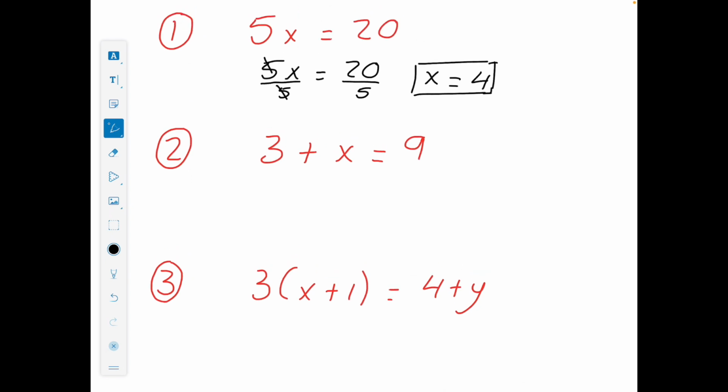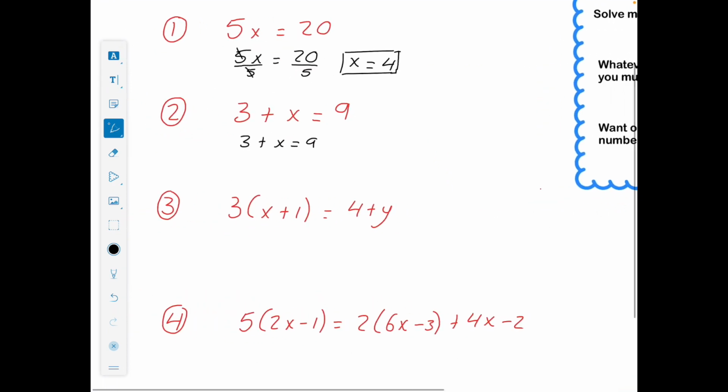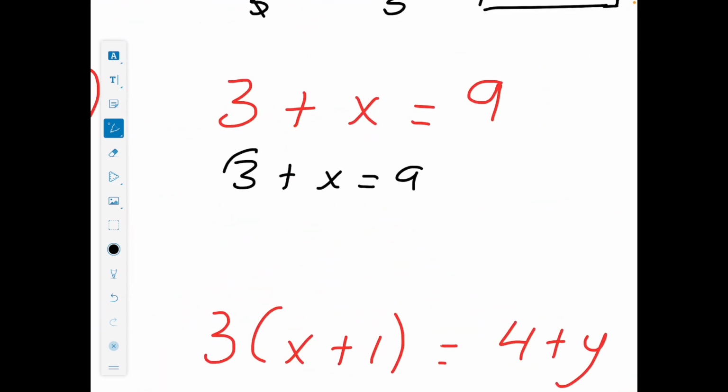Then the next one, we have 3 plus x is equal to 9. Again, we're going to think of this logically. 3 plus what is equal to 9? 3 plus 6 is equal to 9, so x is 6 here. But again, it won't always be that obvious, so we're going to write it out how we would if it was a more complicated question. We have 3 plus x is equal to 9. We said we want our x at one side of the equals and the numbers at the other.